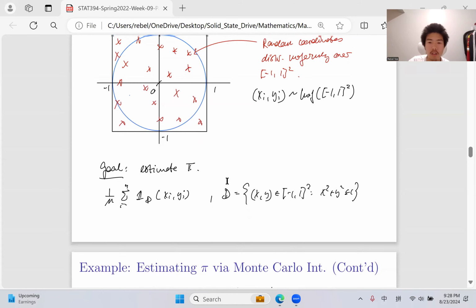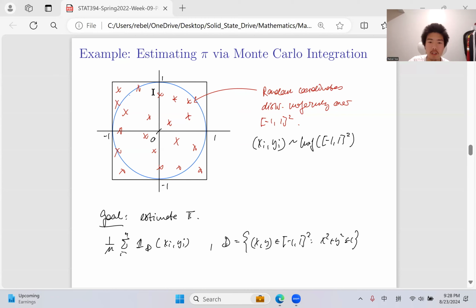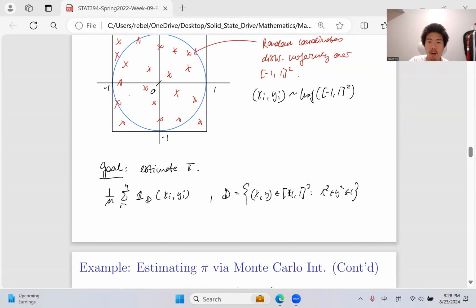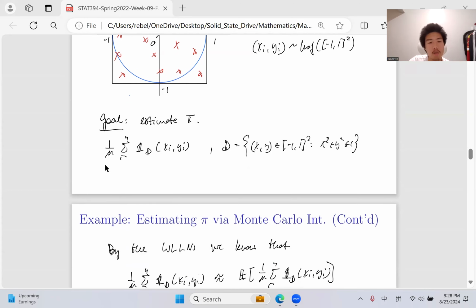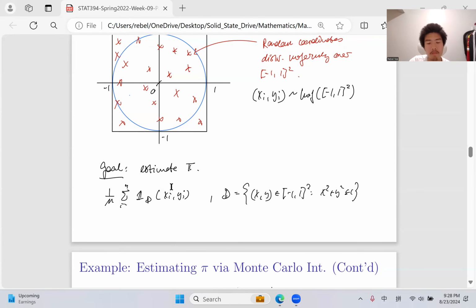So let's call the circle area D. Area D is this circle, the circle with radius 1, diameter 2. And then we can estimate pi using this term. Why?